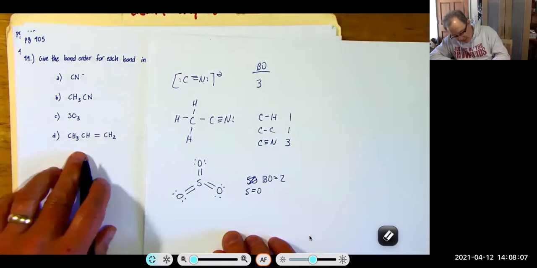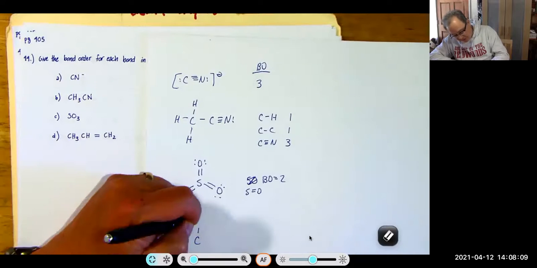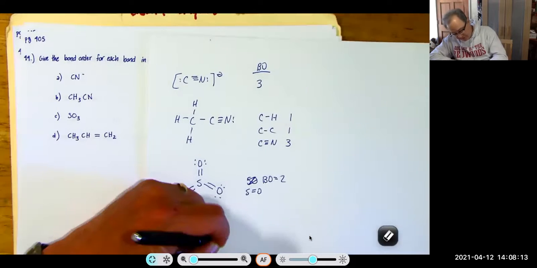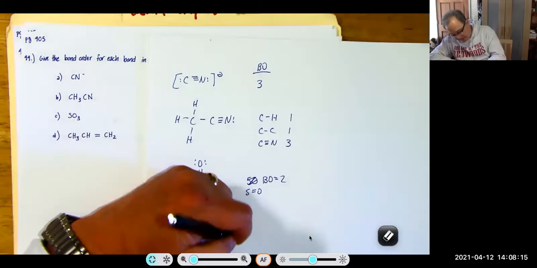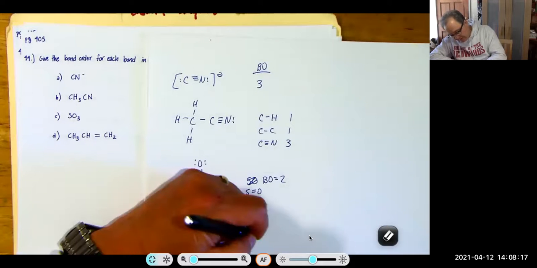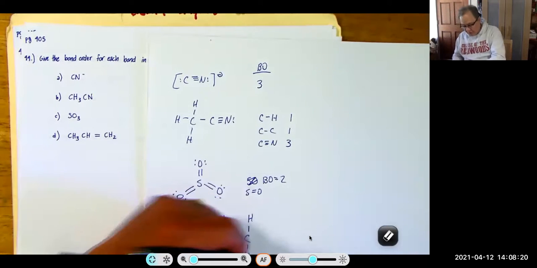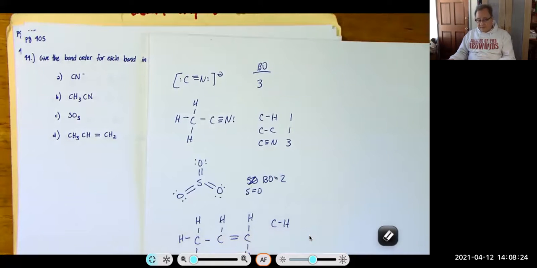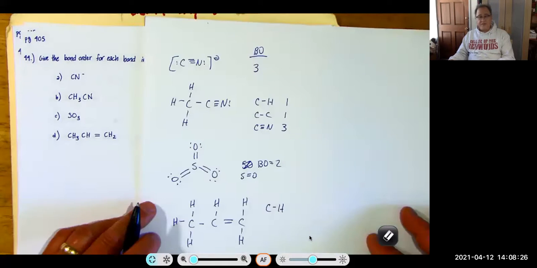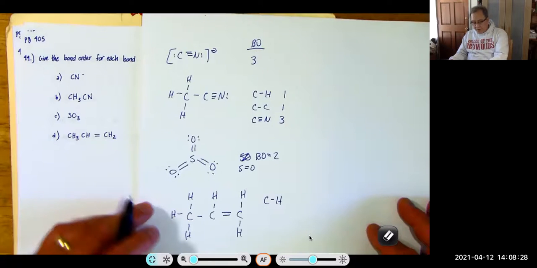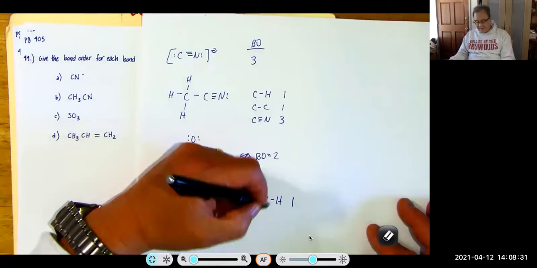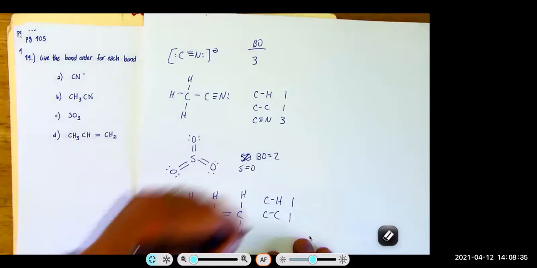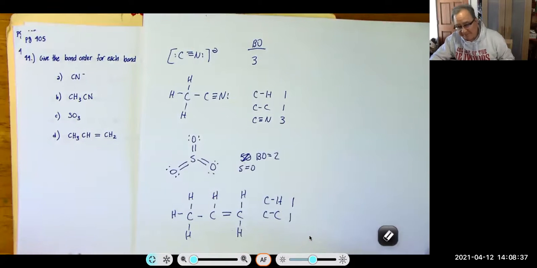Okay, for this guy here, we've got CH3, CH, double bond C, and then H2. So what's the bond order for a CH? 1. What's the bond order for a CC? 1. This doesn't have any resonance. Oh, okay.